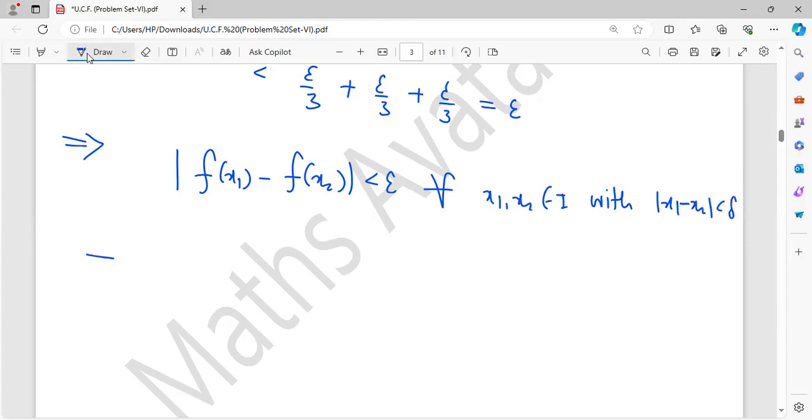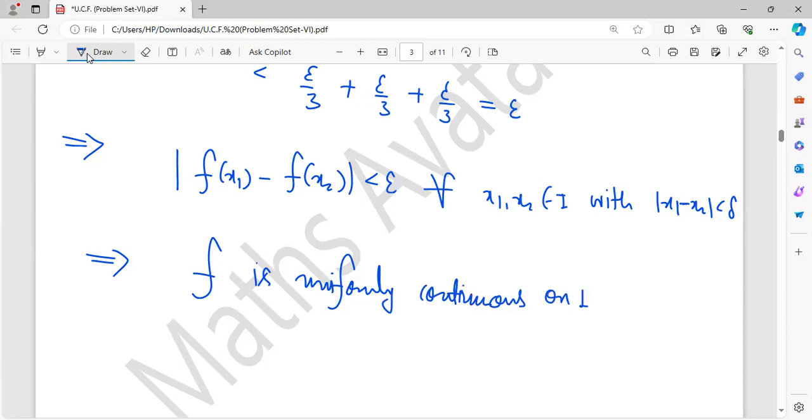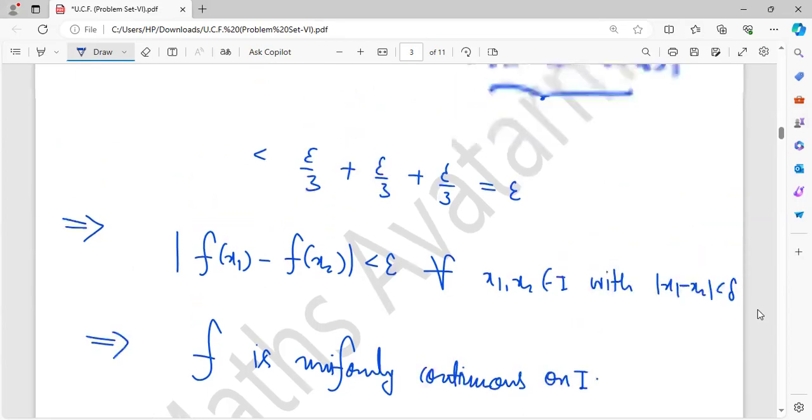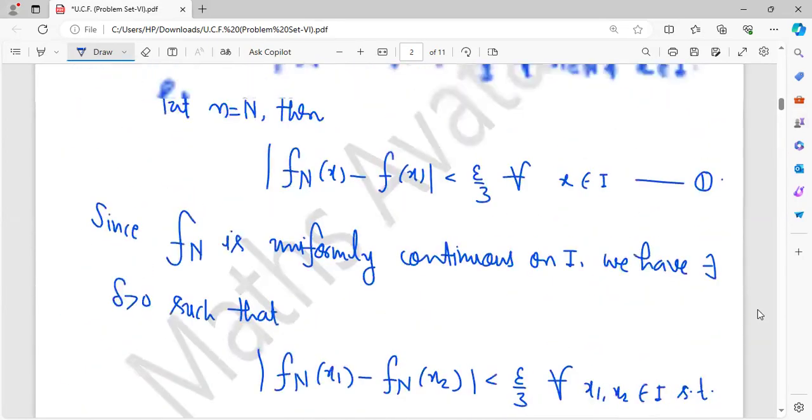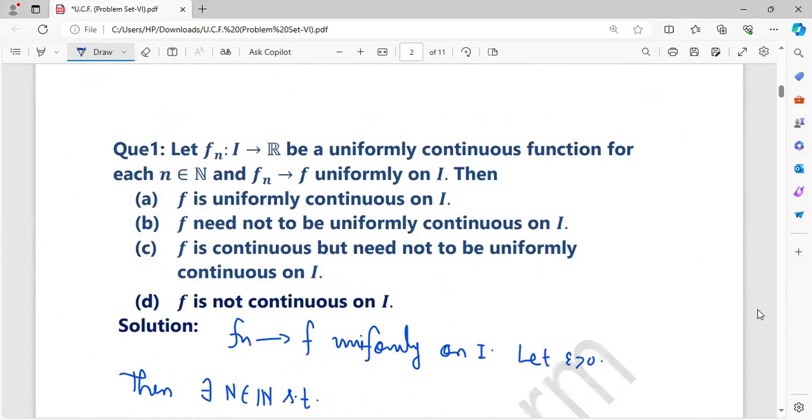What does it mean? f is uniformly continuous on I. So which option is correct? Option number 1, f is uniformly continuous on I. So the first option is correct.